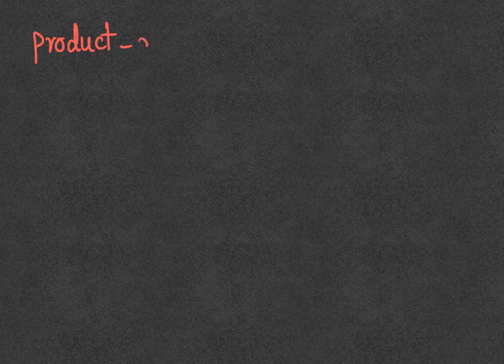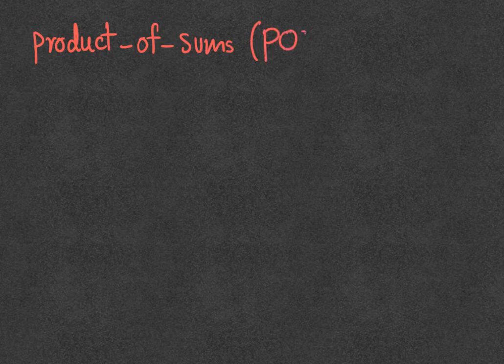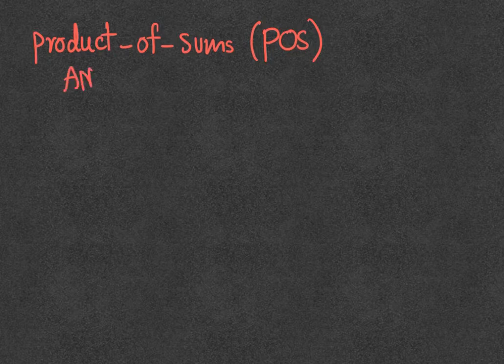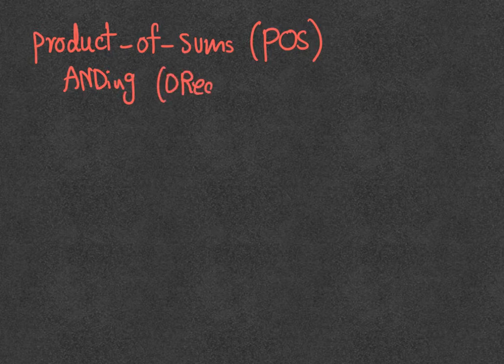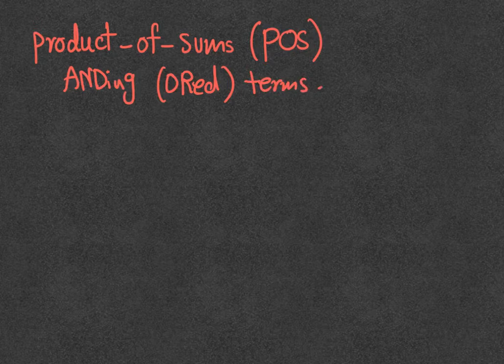POS, which is product of sum, the second method. So basically, ANDing OR terms. That's POS. So how do we write down the POS? Let's say again you have a circuit, you want to find the functionality.